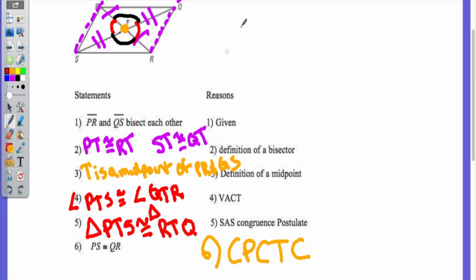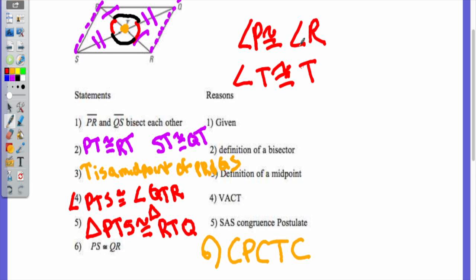Okay? So you could write here, angle P is congruent to angle R. And you could write T is congruent to T. Could you write PS is congruent to, it should actually be PS is congruent to RQ, right?